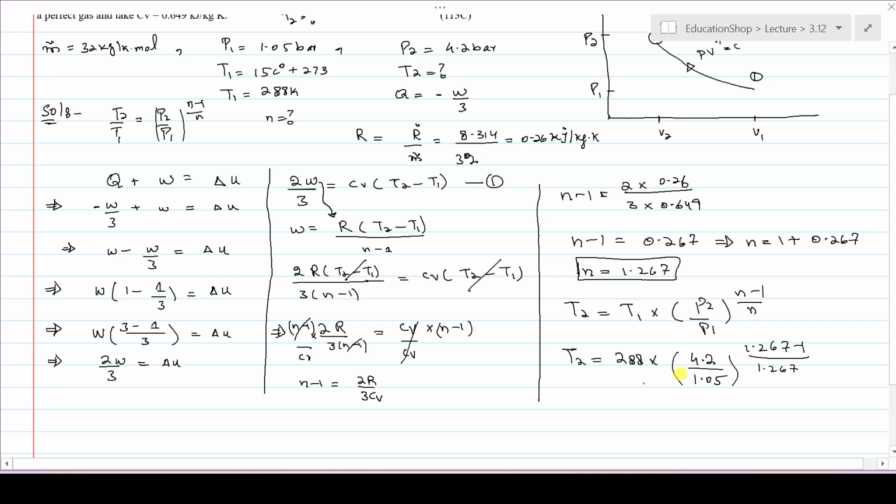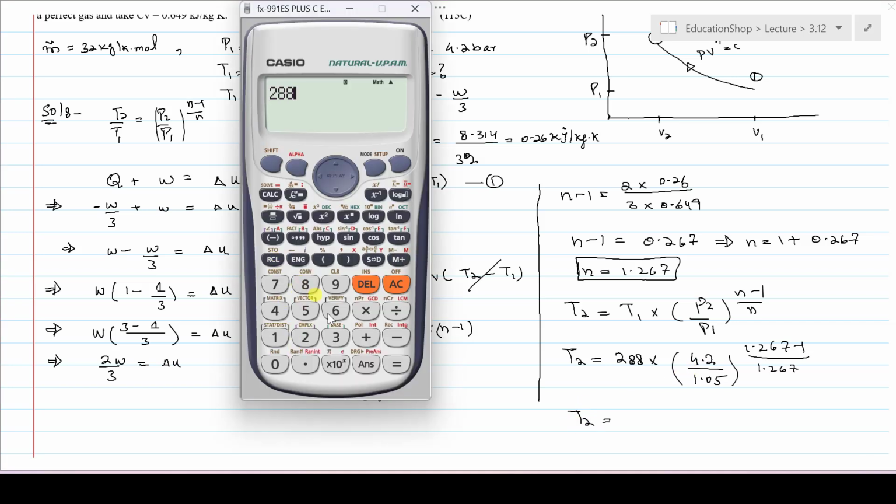After solving this on the calculator, press the equal button and you will get the T2 value in Kelvin. That is 385 Kelvin almost, or 386 Kelvin after rounding off.